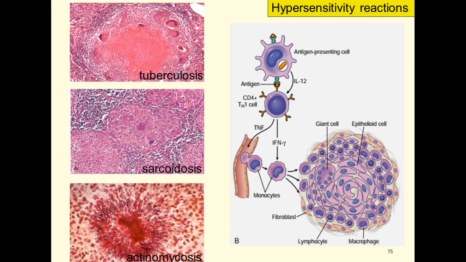Okay, and diseases, and what we said about granuloma formation. So there are three main diseases, but actually there are more than three, and we have already studied chronic inflammation, and the so-called granulomatous inflammation, infectious and non-infectious.